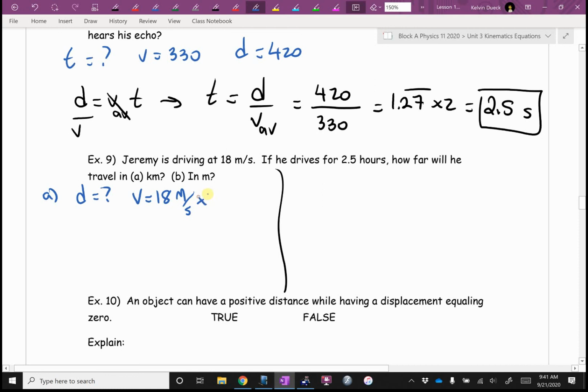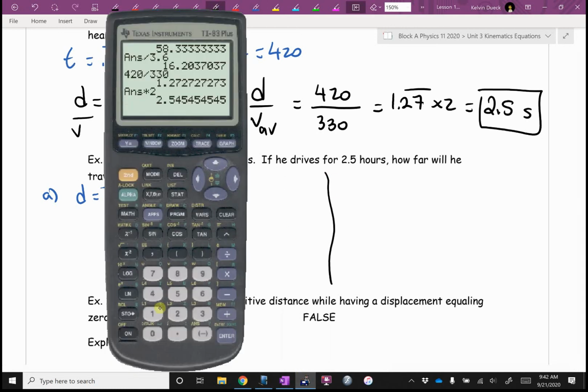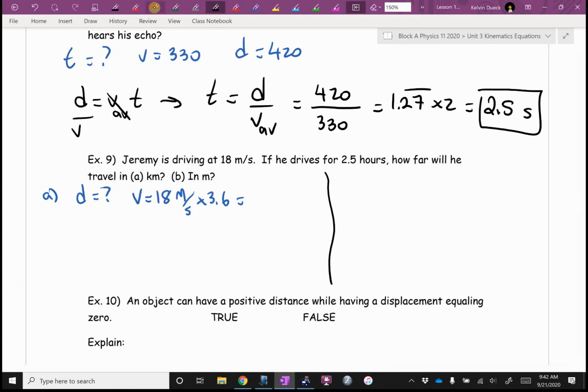So I'll go times 3.6 equals 64.8 kilometers per hour. I won't round off to any sig figs because I want to reuse it.